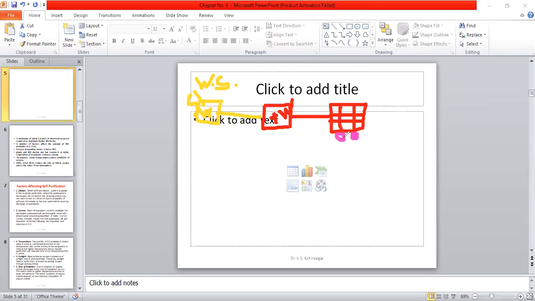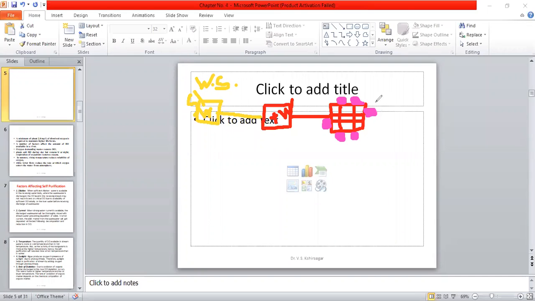From every consumer, wastewater is going to be produced, as they have used water for drinking and for domestic activity. In domestic activity there will be drinking, cooking, washing, floor cleaning, car cleaning, etc. So they will generate liquid waste from each household.